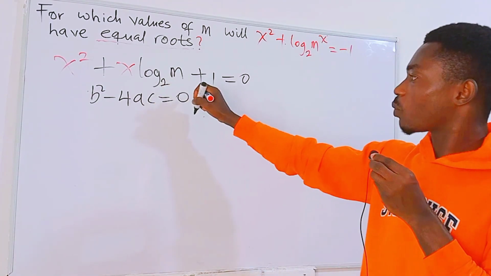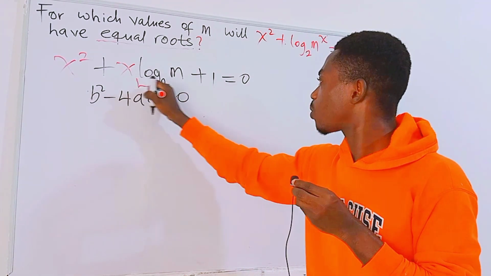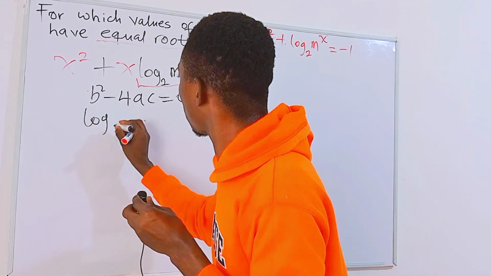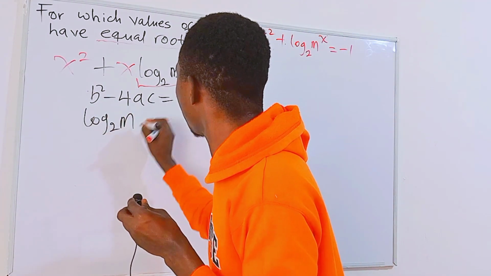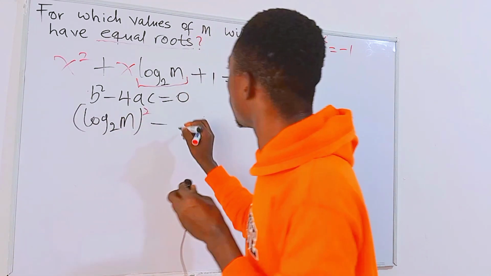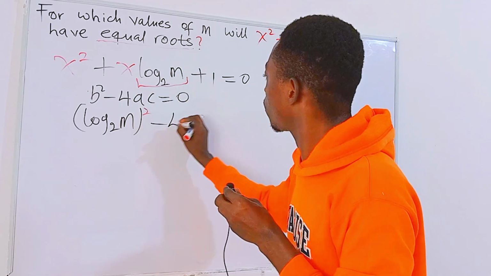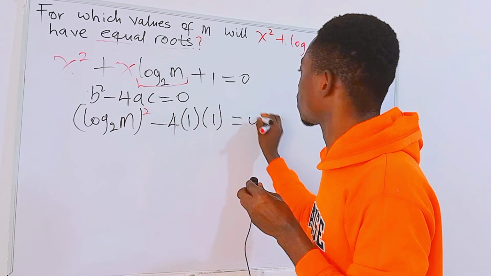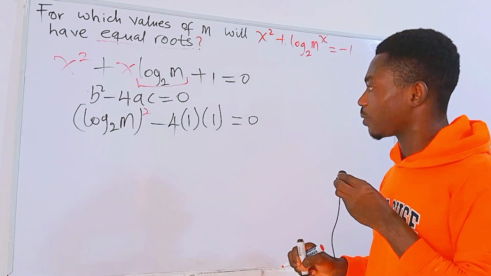From this quadratic equation, we see that b is equal to the whole of this. So we're going to have log base 2 of m all to the second power, then minus 4 times a is 1 and c is also 1, and this must be 0.